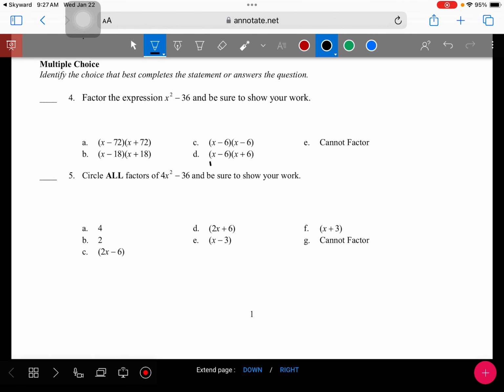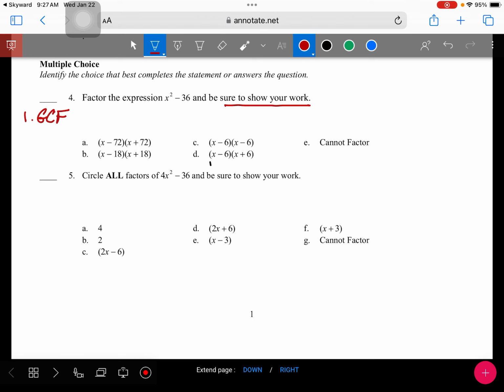All right, so the next one, identify the choice that best completes this statement or answers the question. Factor the expression x squared minus 36 and be sure to show your work. Okay, we still have to show our work. So first step, what did we say I always need to look for first? GCF.